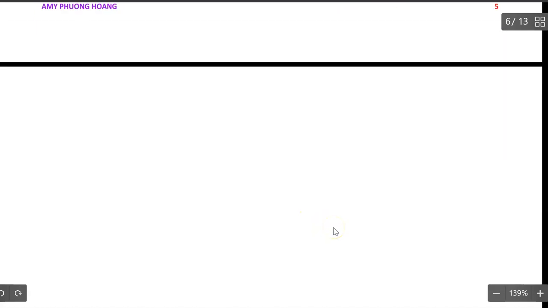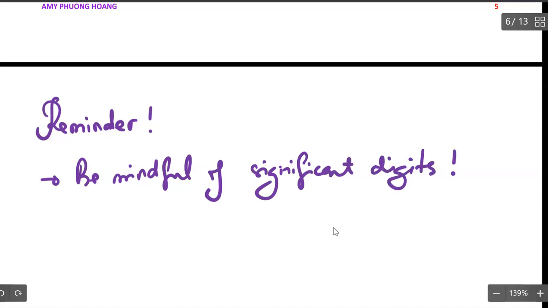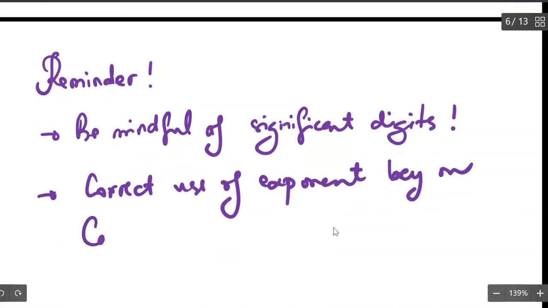I want to put a reminder here for everyone. Okay, a reminder. We need to be mindful of significant figures. Right? So significant digits, and correct use of the calculator. These are the two reminders that I would like to remind everyone.